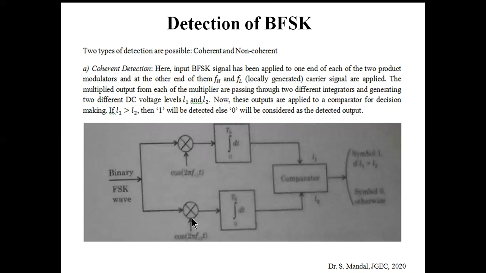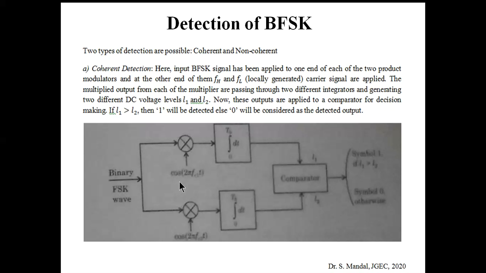This is product modulator 1 and this is product modulator 2. For product modulator 1, the other input is cos 2 pi fH t, and for the second product modulator the corresponding input is cos 2 pi fL t. So this sinusoidal signal is locally generated, whose frequency is well known to us.